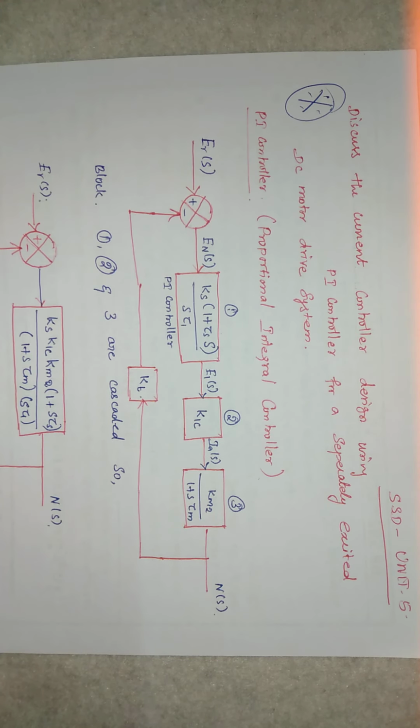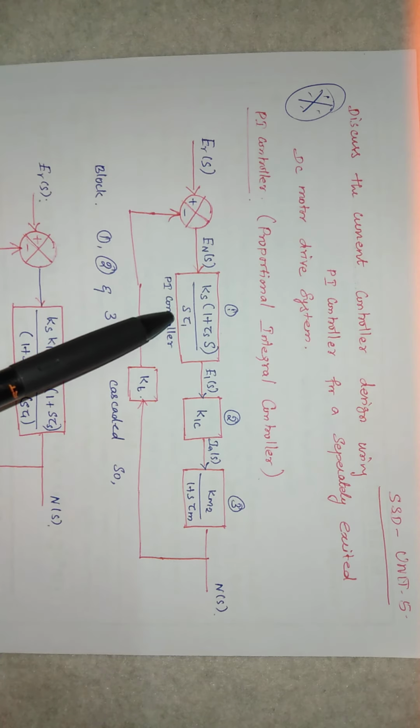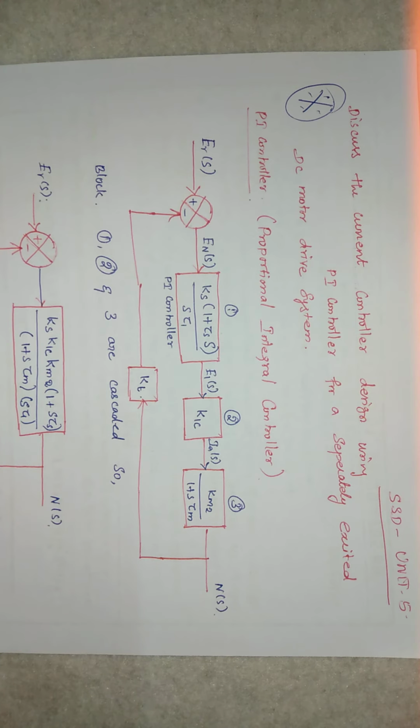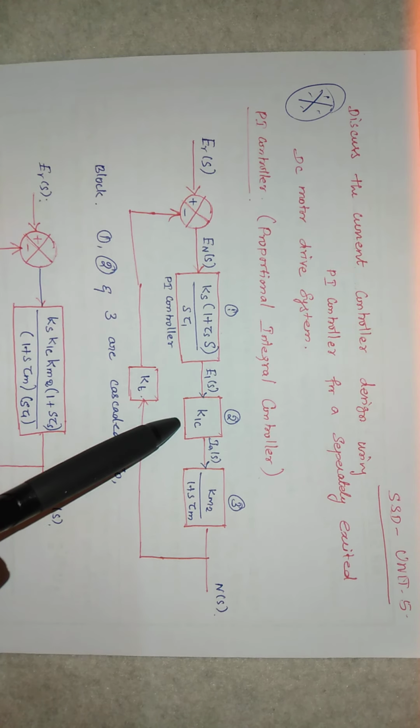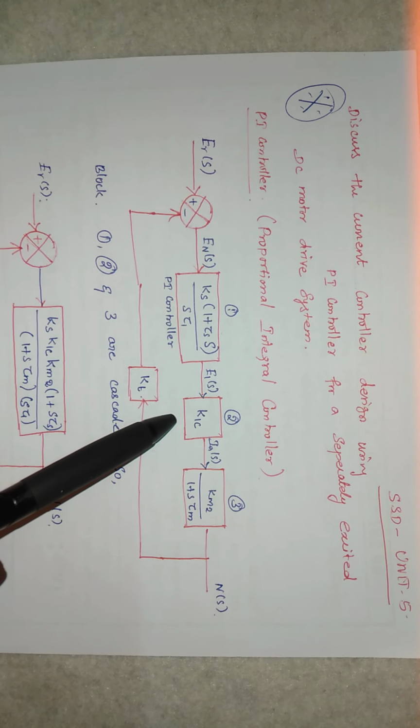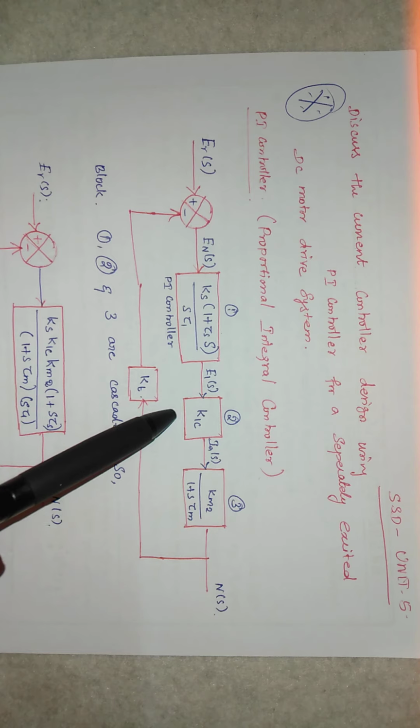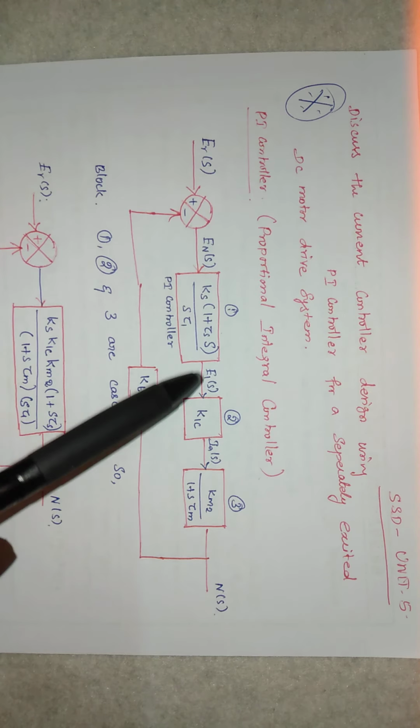Here in this block diagram we have three stages. The first stage we can call the PI controller, and the second stage we can call the firing angle controller. Previously there were KI and KC, two types of models.